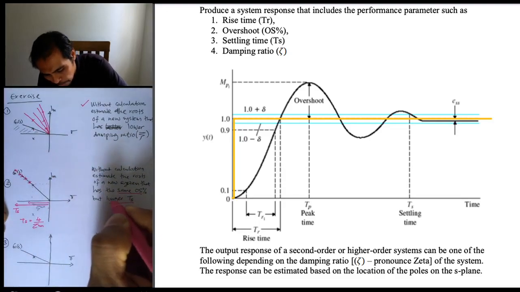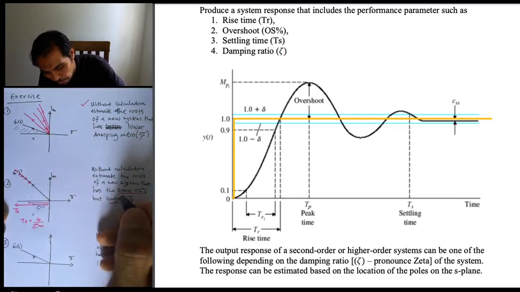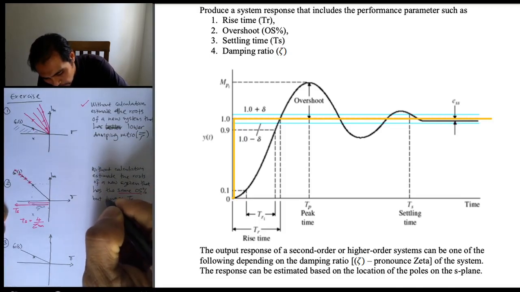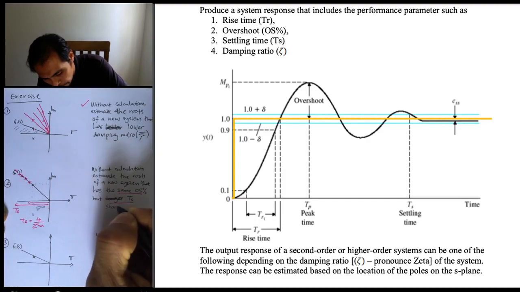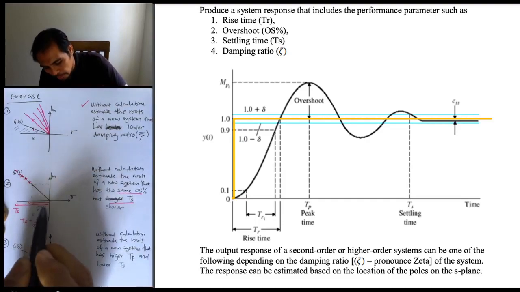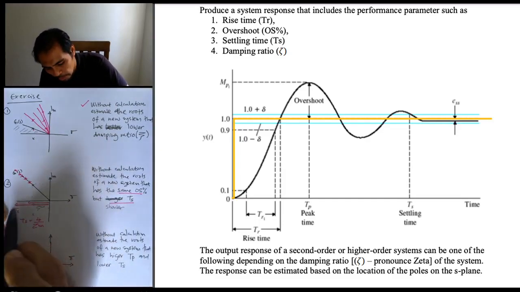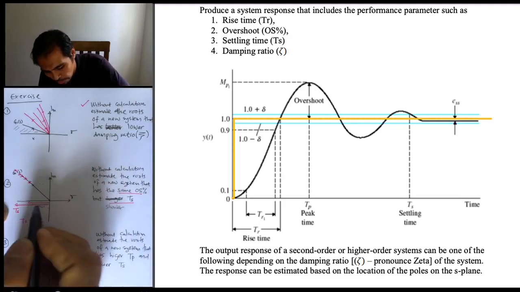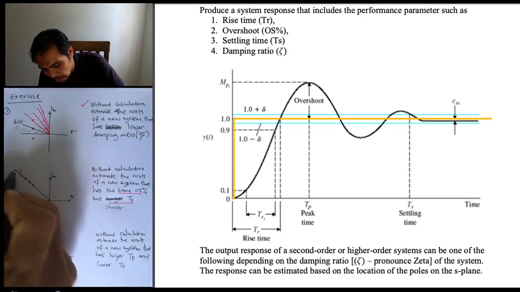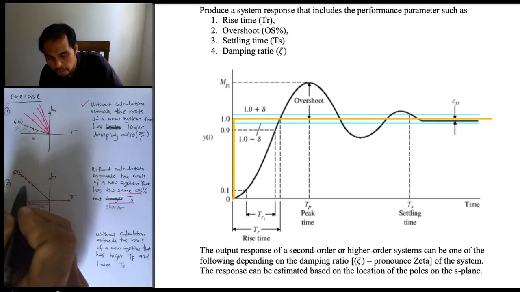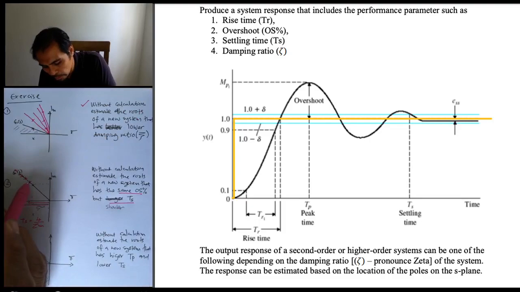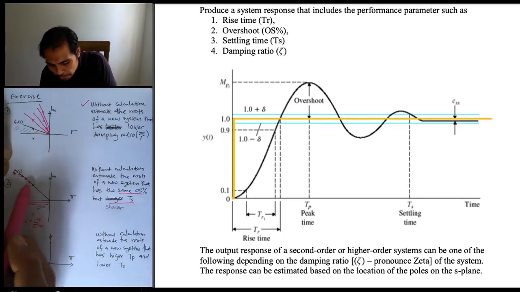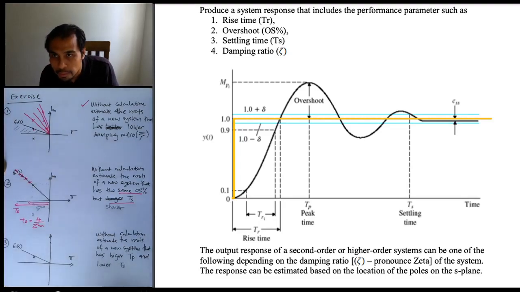So now I think the question, I need to rephrase that question. Instead of longer, it's supposed to be shorter, because the higher the zeta omega n, the shorter the TS will be, right? So I was thinking, so this is the same, this is the answer, right? So as long as you place any point towards these directions, you are right.